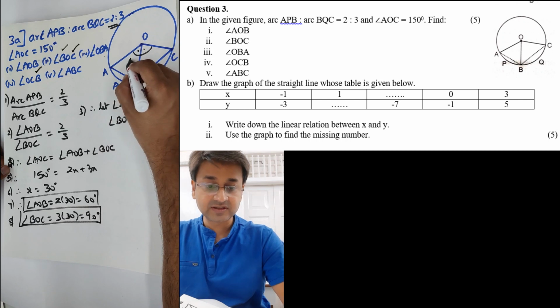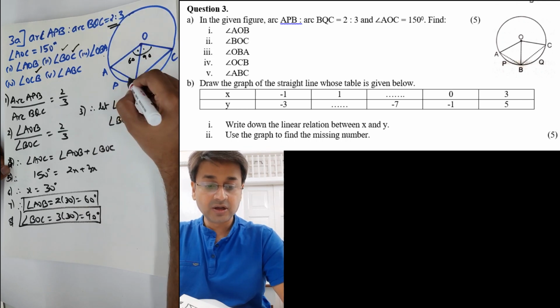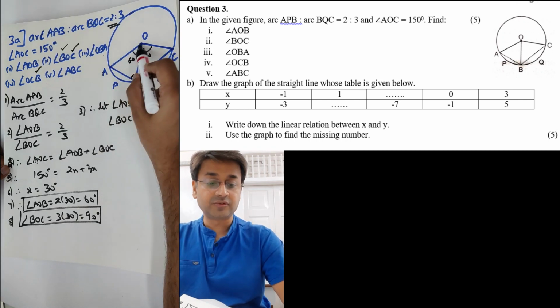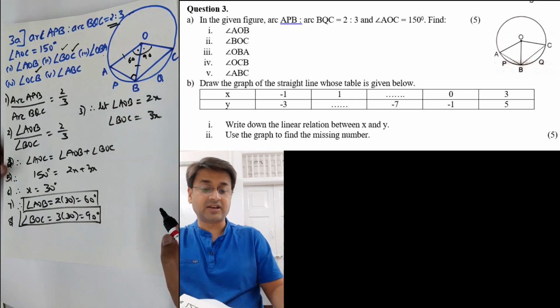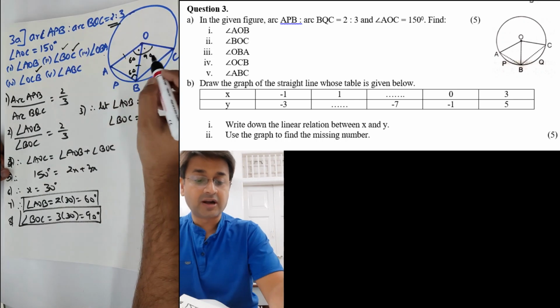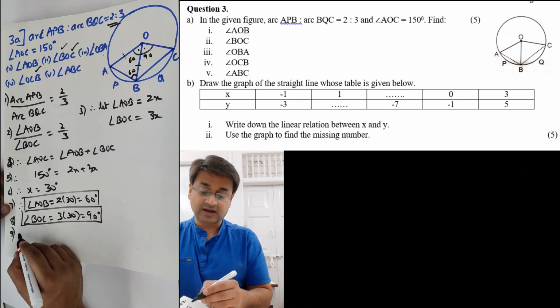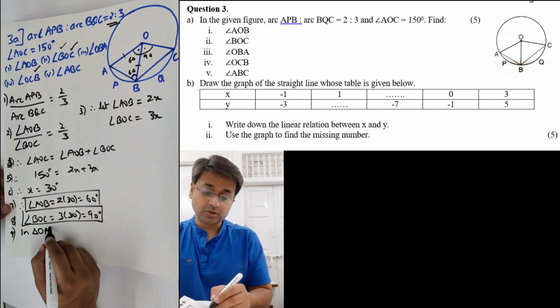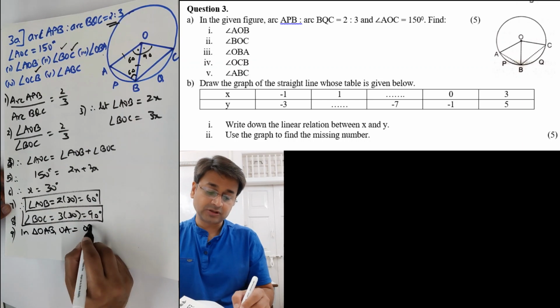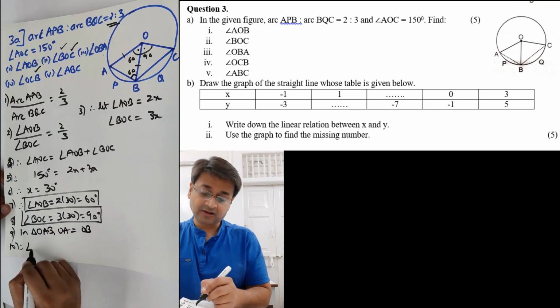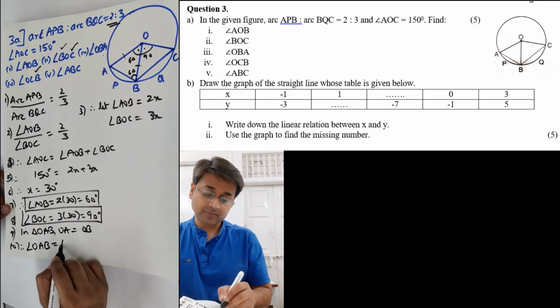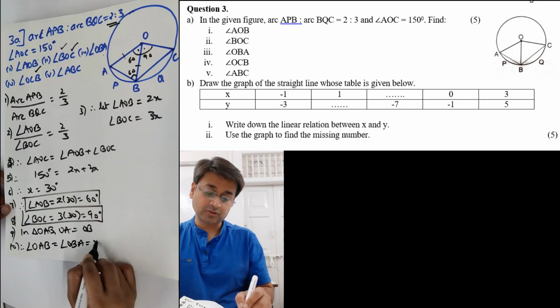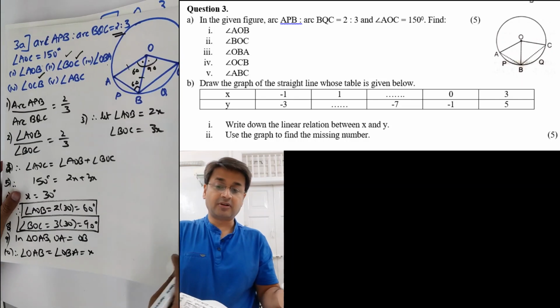So now this is 60, this is 90. OBA is here at the bottom, so you can take this triangle, say that this is isosceles, later equilateral, and get this 60 as well. So you can directly say in triangle OAB, OA equals OB, and therefore angle OAB equals OBA equals X. Okay, let me take a fresh sheet.